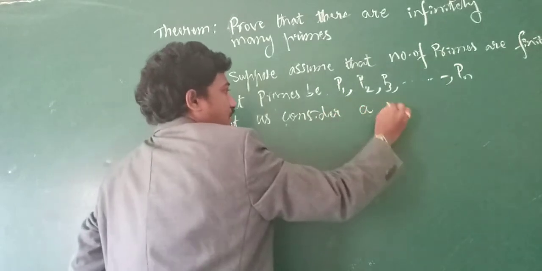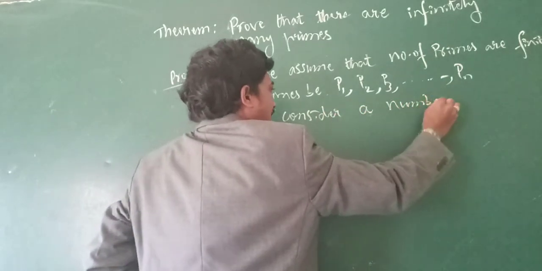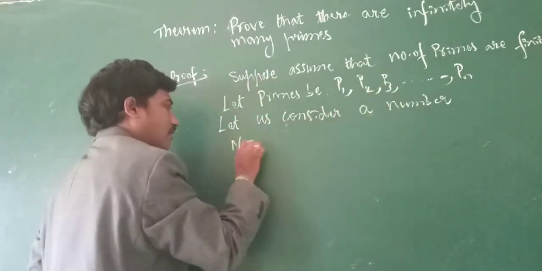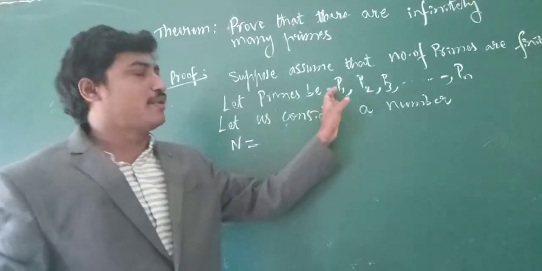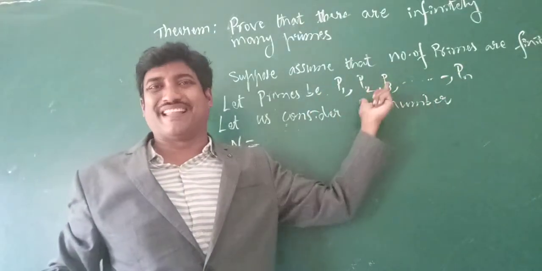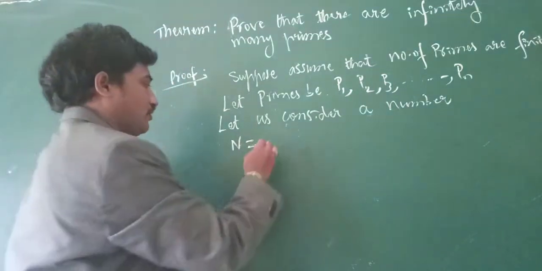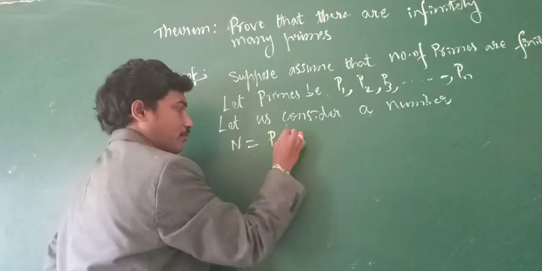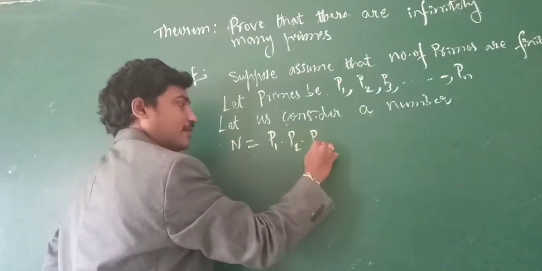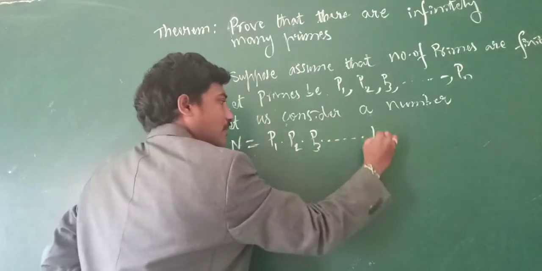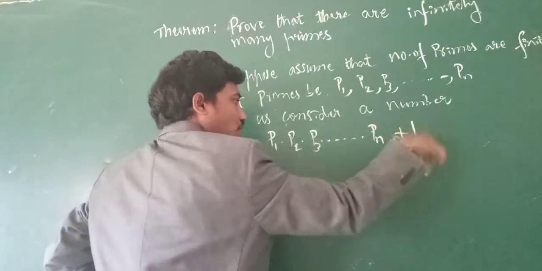Let us consider a number N equal to the product P1 into P2 into P3 and so on Pn, plus 1.